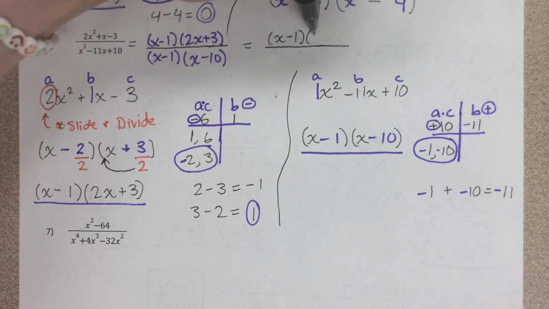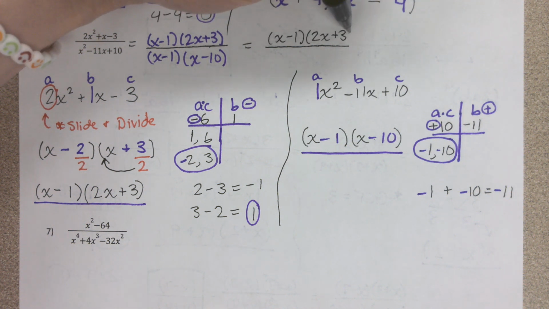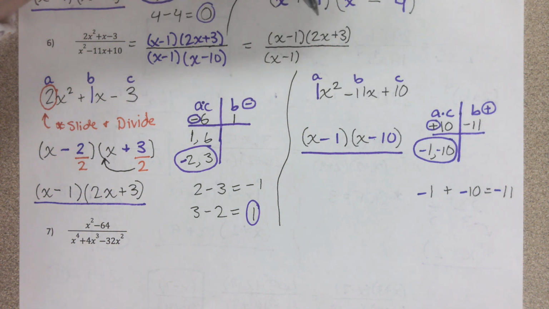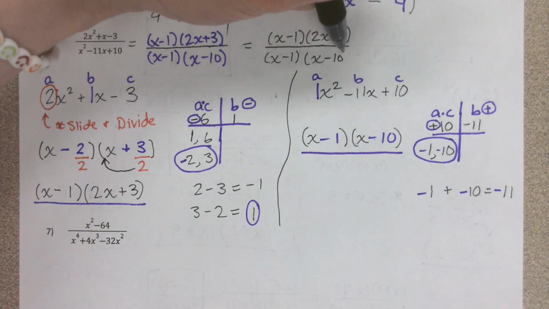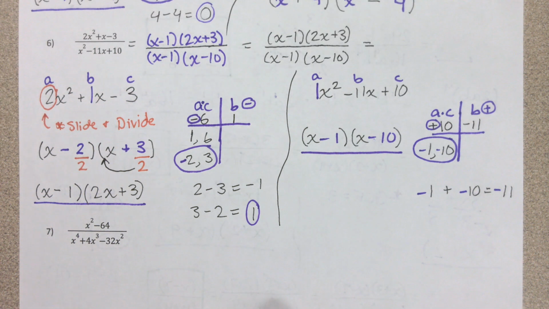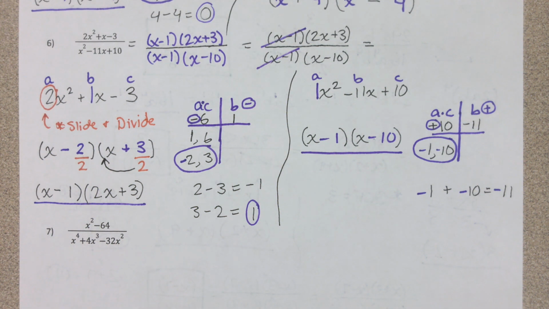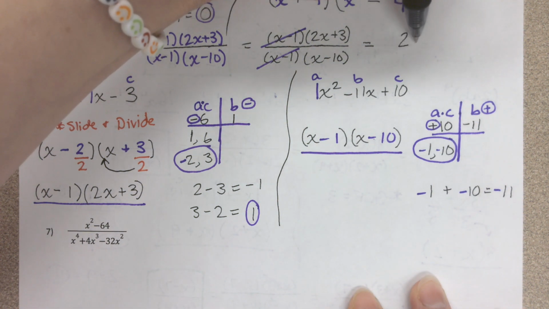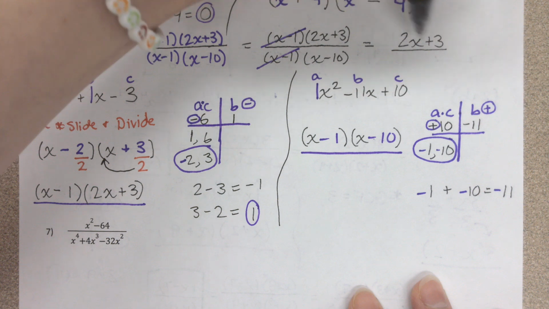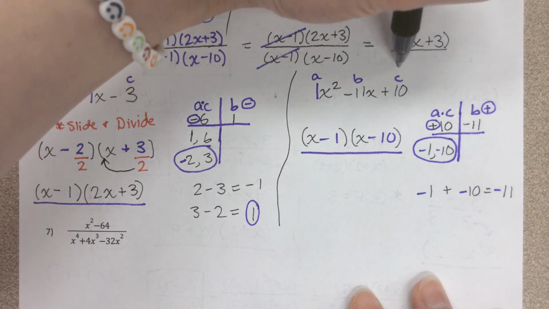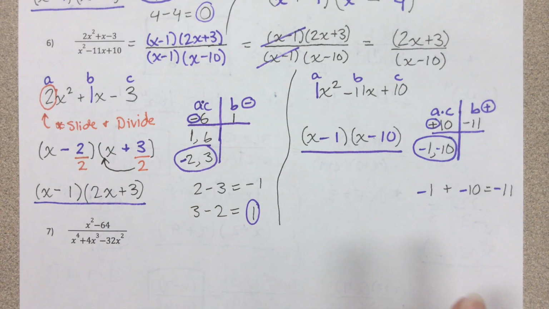X minus 1, 2x plus 3. X minus 1, x minus 10. X minus 1 on the top and bottom, those will cancel each other out. And the leftovers, that's our answer. 2x plus 3 in parentheses over x minus 10.